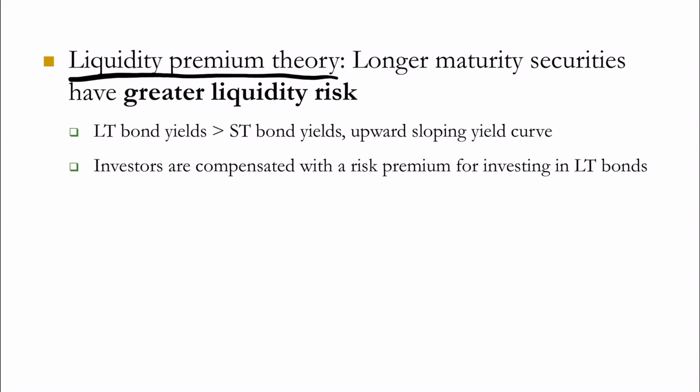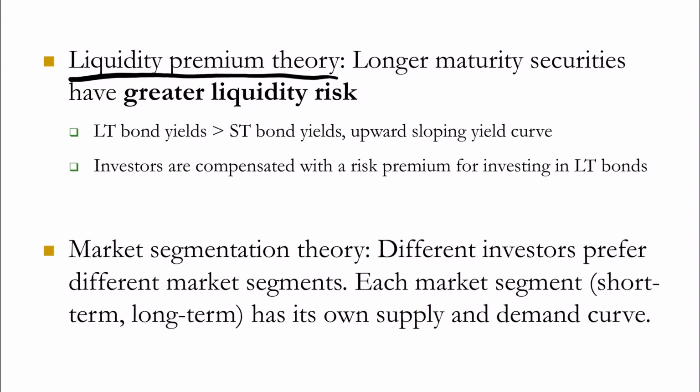They'd rather have bonds that are maturing at some point in the future as opposed to the short-term bonds. So the liquidity premium theory simply says that longer maturity securities have greater liquidity risk. Therefore, the term structure, the yield curve, is upward sloping.